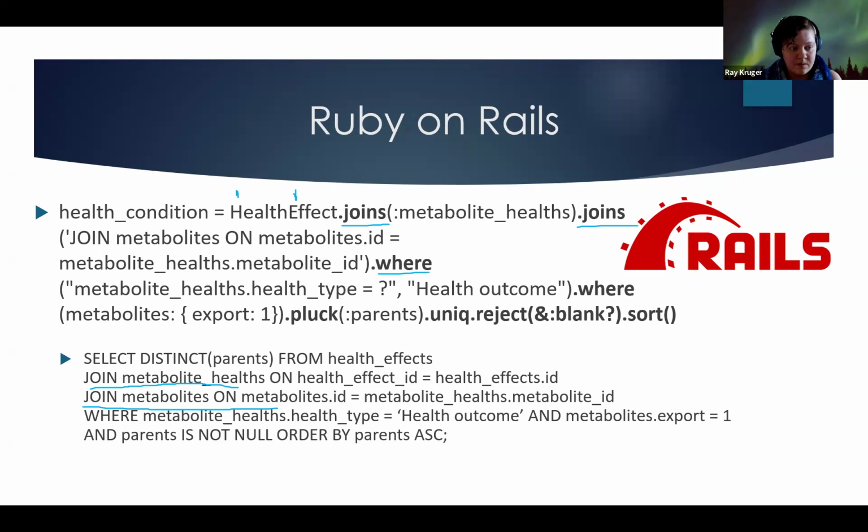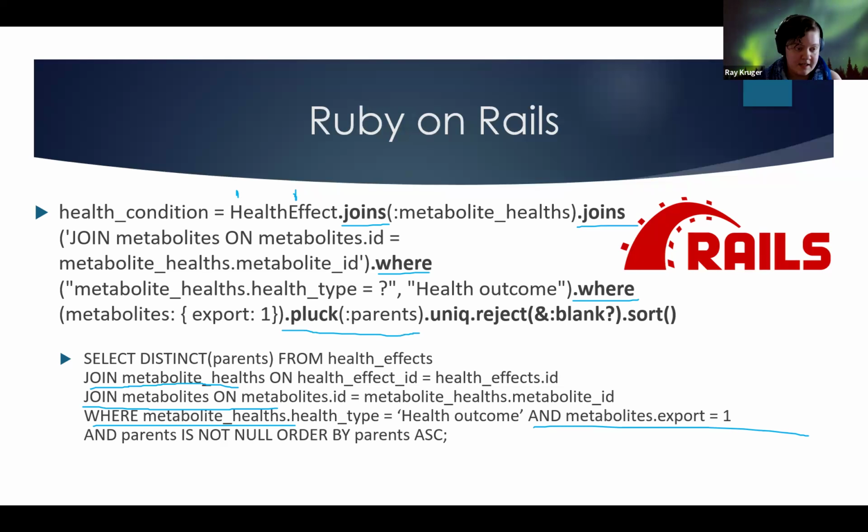Then we go where, and that's this where down here. In SQL, you cannot have more than one where. You have to just put and, but in Ruby on Rails, there is no and, so you just put another where. So this where export equals 1 is just this one.